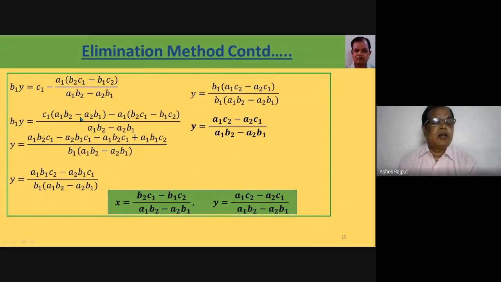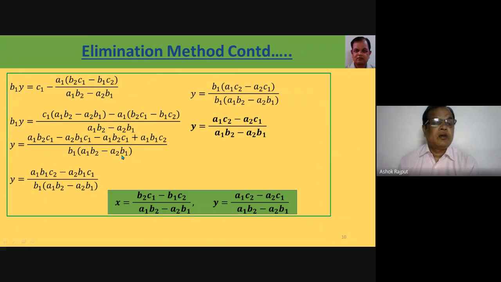Then we simplify the numerator. We break it here: a1 b2 c1 minus a2 b1 c1 minus a1 b2 c1, and here we have arranged it, then a1 multiplied by minus will be minus and it will be plus, a1 b2 c1 plus a1 b1 c2.